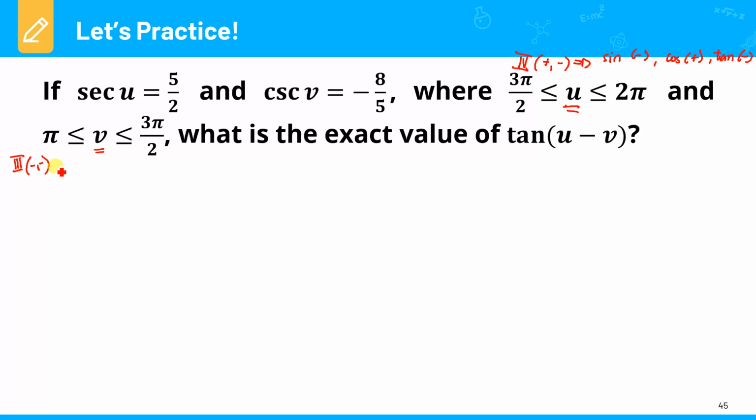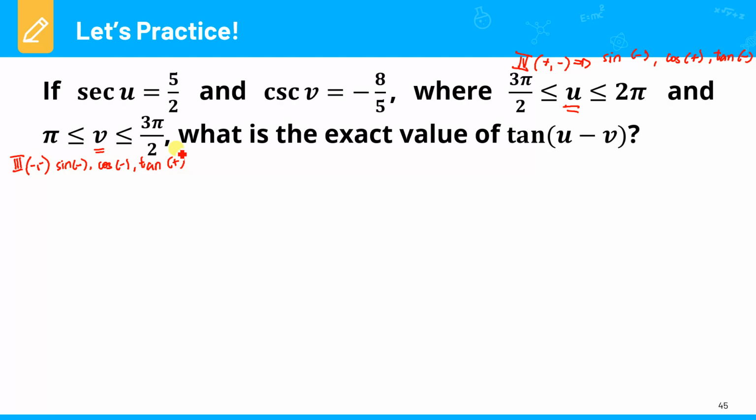In this case, our sine is negative, our cosine is negative, and our tangent is positive because sine over cosine, negative divided by negative, is equal to positive.